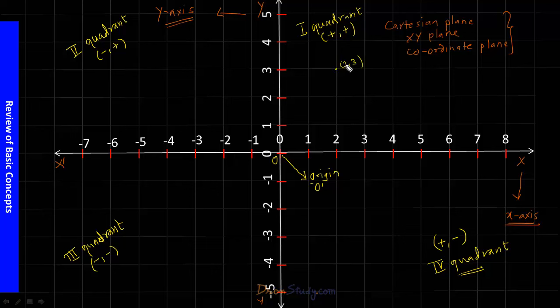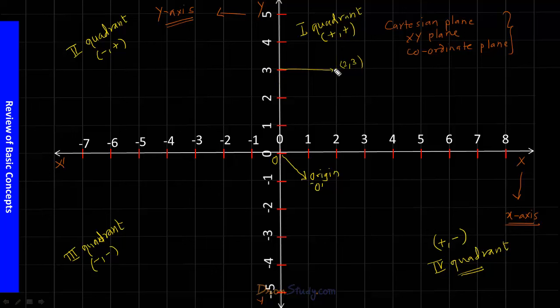Now what is this 2? This 2 is nothing but the distance of this point from the y-axis, the x coordinate. So this distance is 2. This distance is also 2.